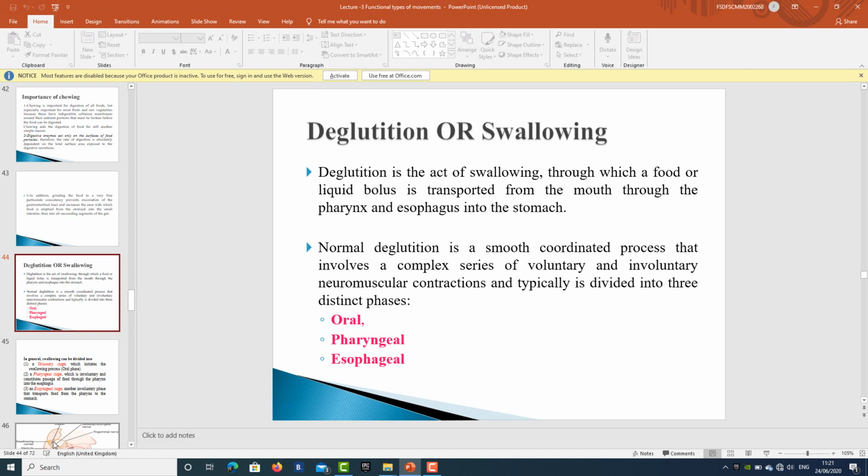It is a smooth, coordinated process which involves a complex series of voluntary and involuntary neuromuscular contractions, and typically is divided into three distinct phases. And what are they? They are oral, pharyngeal, esophageal.